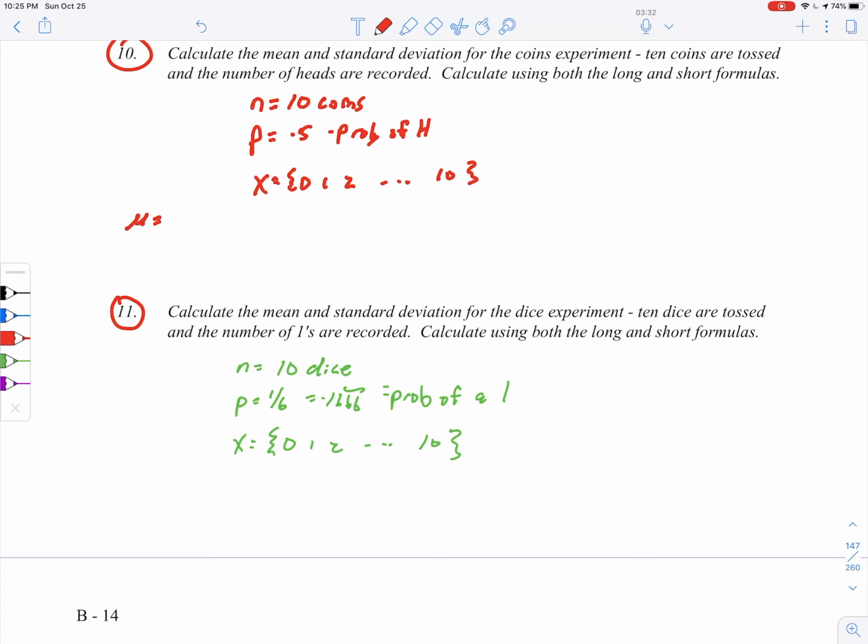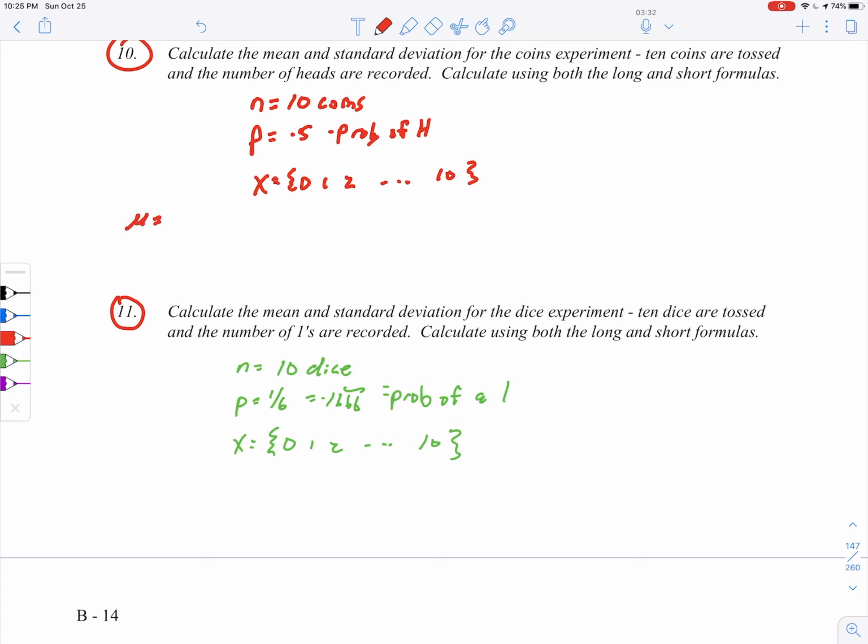So that would be 0 squared times 0.0010 plus 1 squared times 0.0098 all the way up to 10 squared times 0.0010, and then subtract off the mean, which is this guy here, squared, and you'll get 2.5.